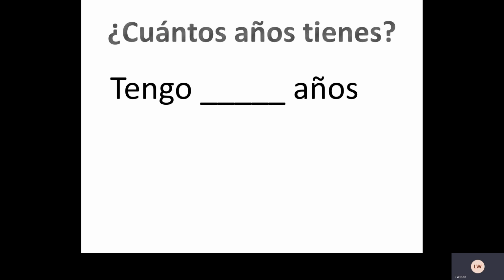What I'd like you to do now is to write those two phrases and complete the age in a word onto your paper. So you'll have ¿cuántos años tienes? And then tengo 11 años if you're 11, or tengo 12 años if you are 12. And then underneath that, or possibly next to it, can you remember to write the English so that you will remember what it means?